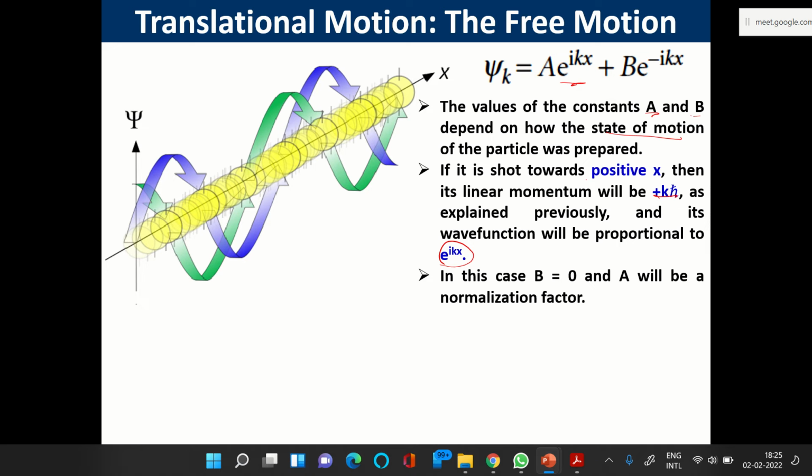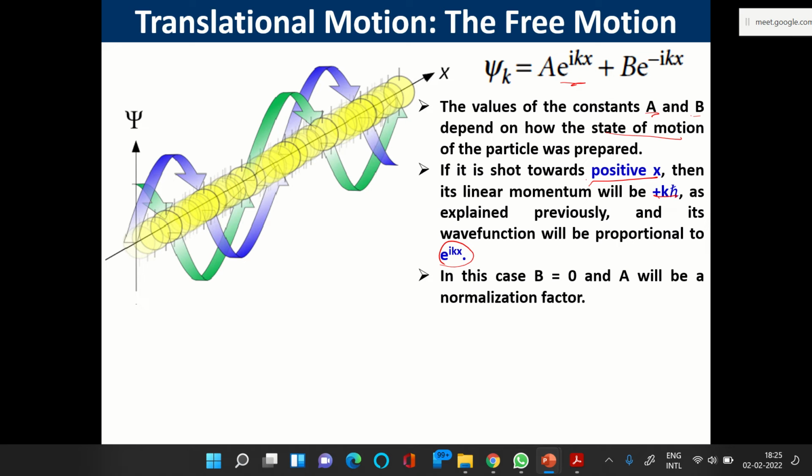If you are talking about translational motion, there should be a net motion from point A to point B, traveling along x. If the movement is along the positive x direction, then e to the power ikx is the function that you need to describe the motion of a particle moving along plus x direction.